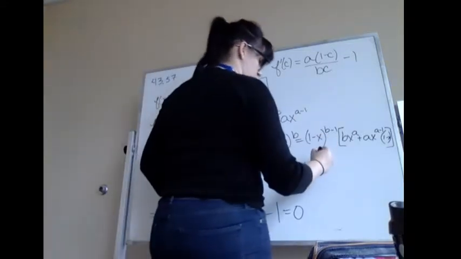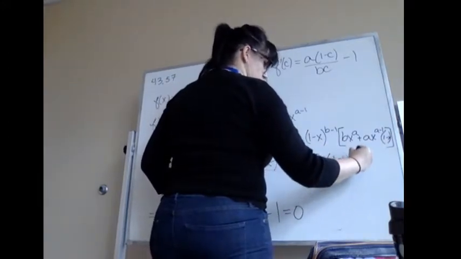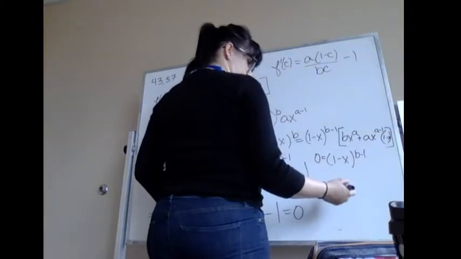And then you said 0 equals (1-x)^(b-1)? Yeah, I also factored out the x^(a-1).